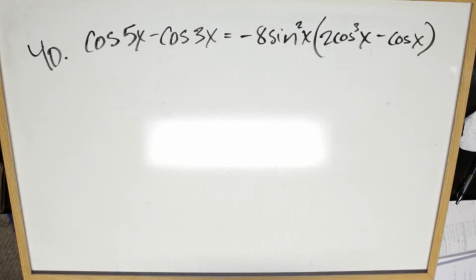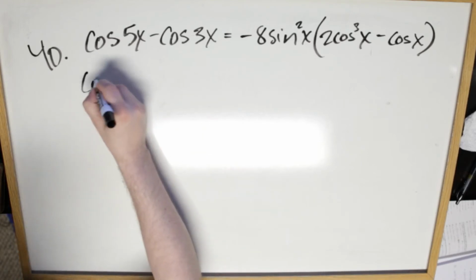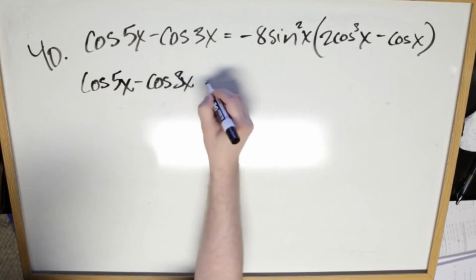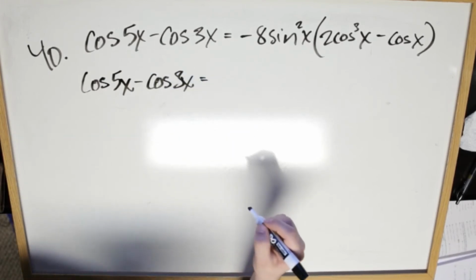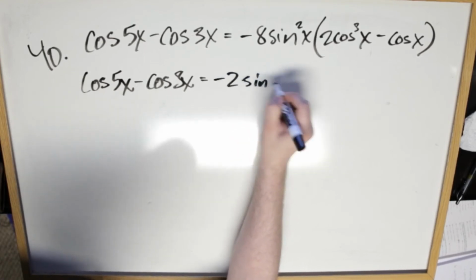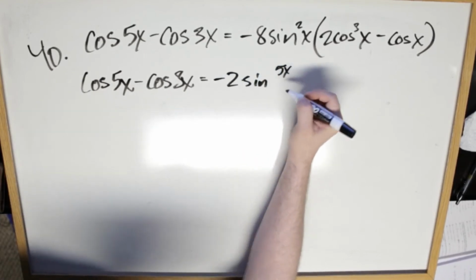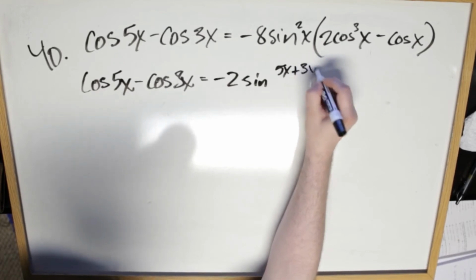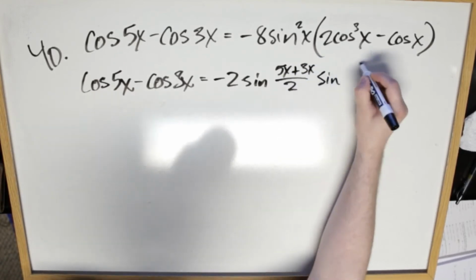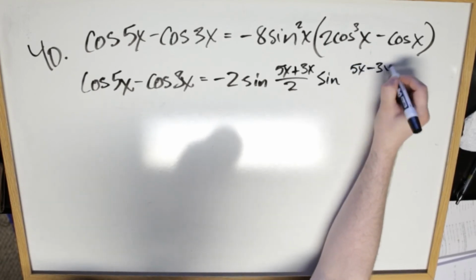So we've got cosine 5x minus cosine 3x. Let's work that out. This is the same thing as, just using the definition of the identity, minus 2 sine of (5x plus 3x) over 2, sine of (5x minus 3x) over 2.